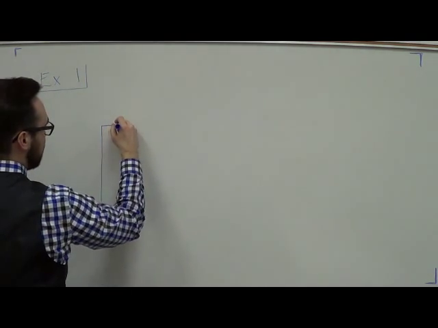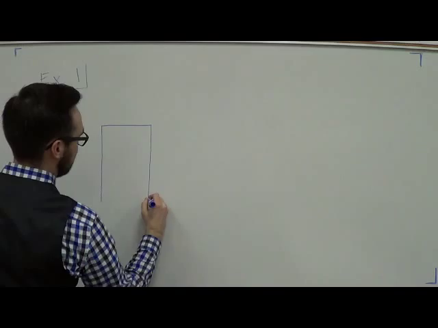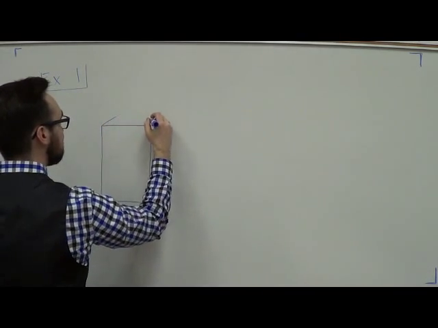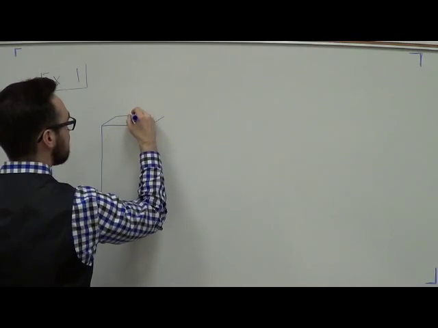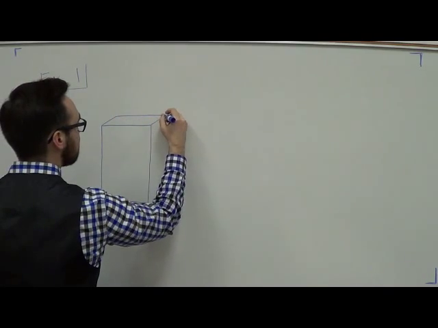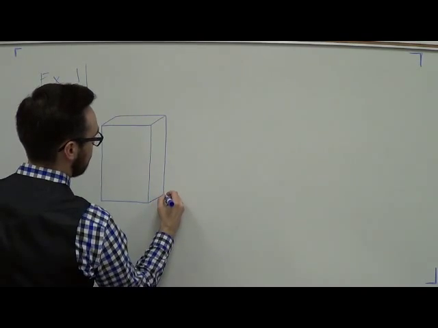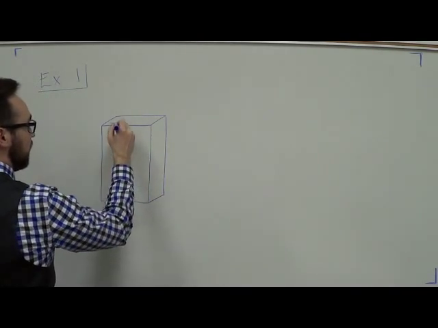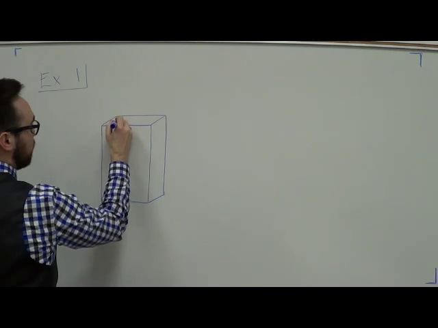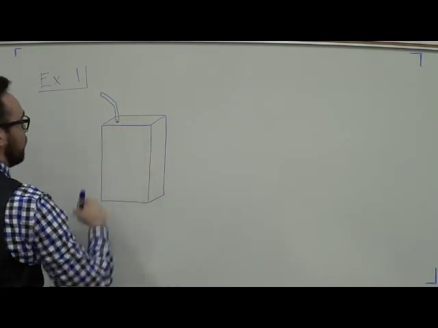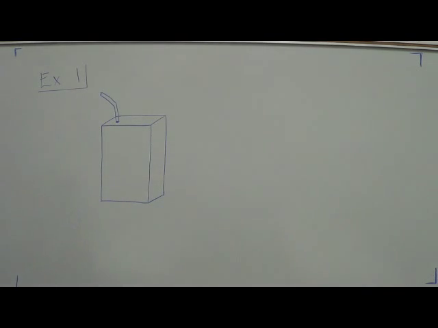If you know what a juice box looks like, it's tall, it's a rectangular prism, right? And if we were really to draw the juice box, we'd have some kind of a straw coming out the top.